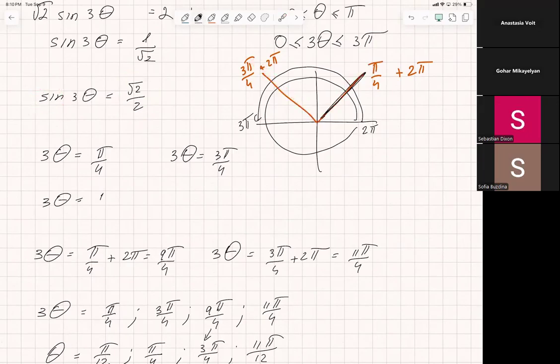So you'll just write it pi over 4 plus 2 pi k, and you also have another one, which is 3 pi over 4 plus 2 pi k, where k is an integer. So this means belongs to, this means integer. All right.